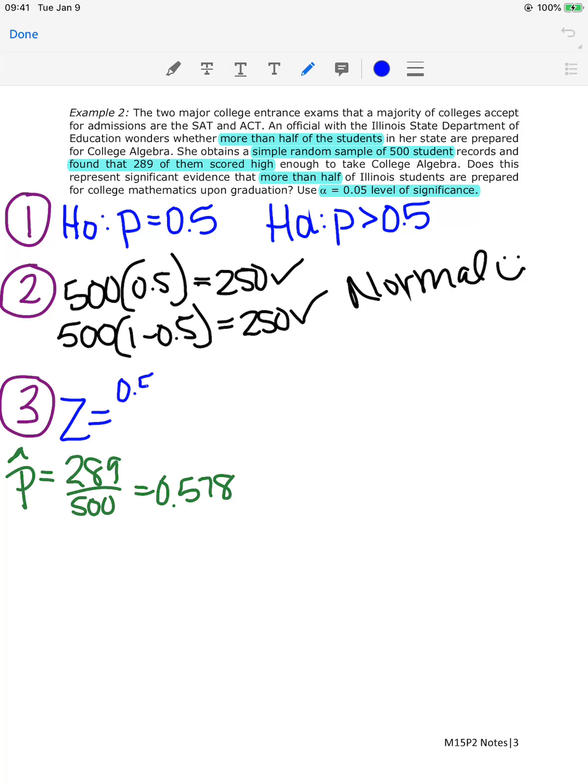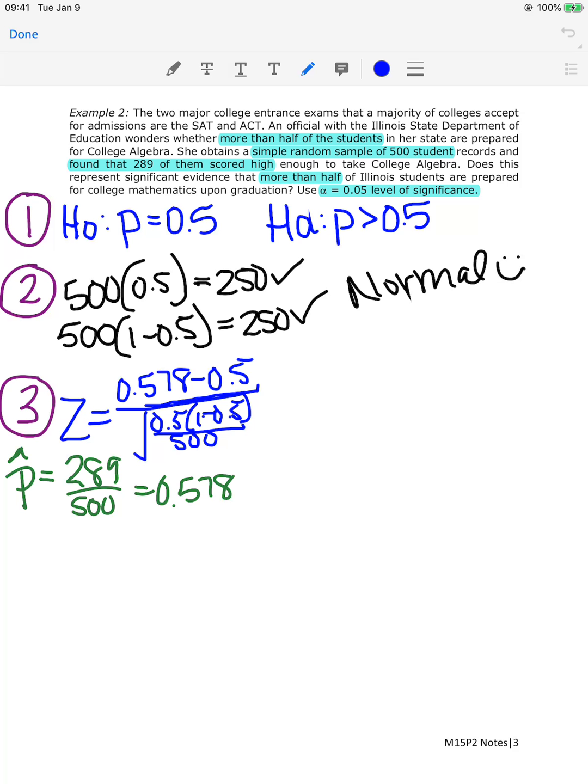All right, so now we can plug that in. So 0.578 minus 0.5. This second number is always going to be whatever your null is equal to, because p equals 0.5. So when we go to our z-score equation, this value is p, and then the square root of 0.5 times 1 minus 0.5 divided by 500.